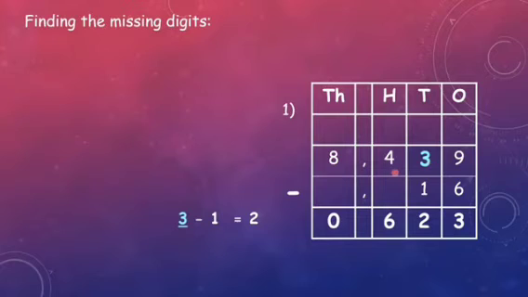Now we move on to the next place value. I have 4 here, but I don't know what I need to subtract from 4, but I know the answer. It has to be 6. See, a very simple technique is, 4 is less than 6. So I have to have a number which is more than 4, so that I get the difference of that number and another number and get 6.